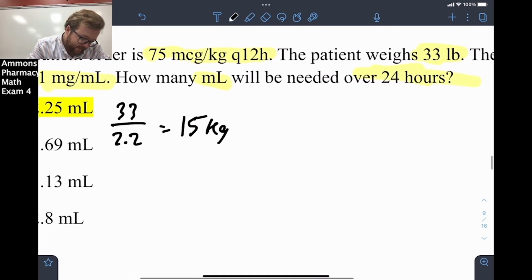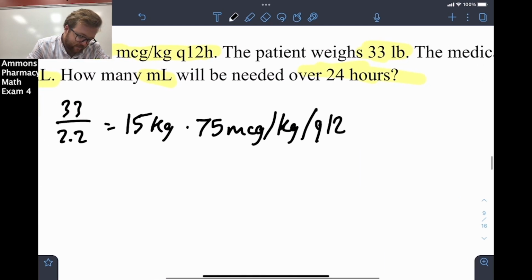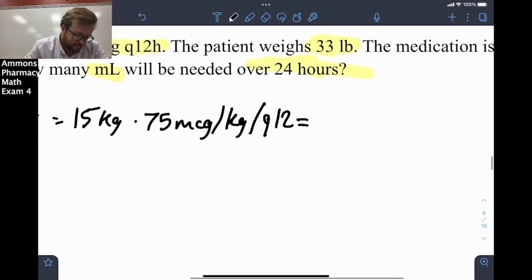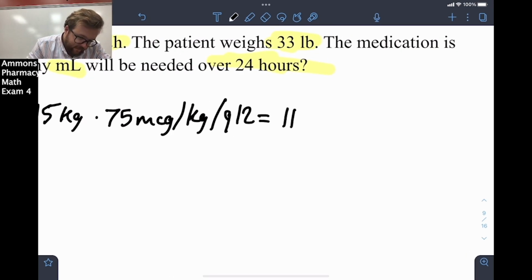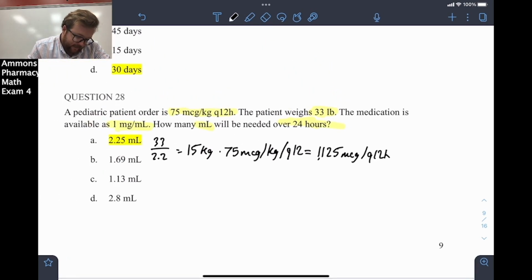He needs 75 micrograms per kilogram per 12 hours. So we're going to multiply that. That's 1125 mcg per 12 hours. So that's how many are in 12 hours.